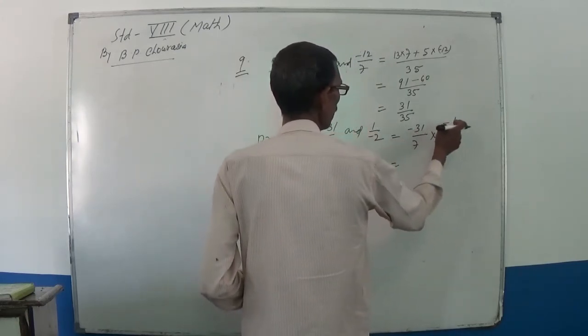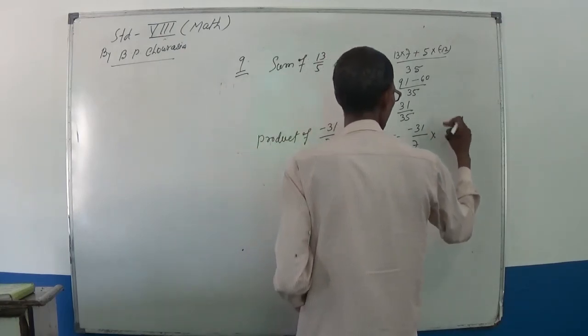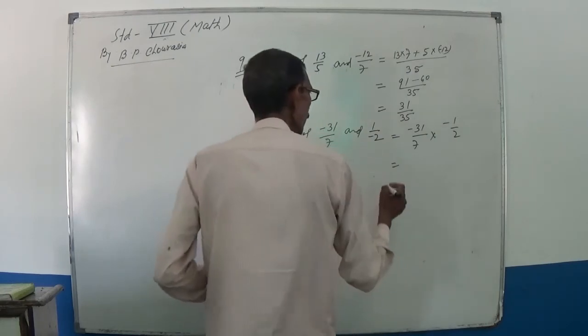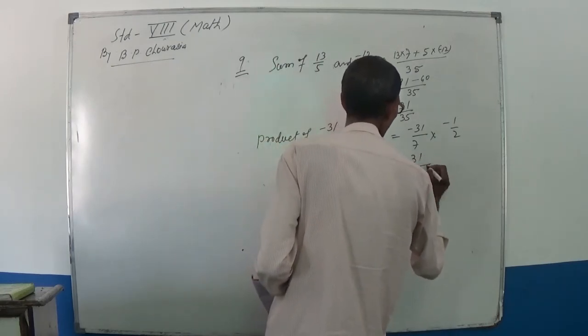This is negative and the numerator of the other rational number is also negative. So the product is positive, 31 by 14.